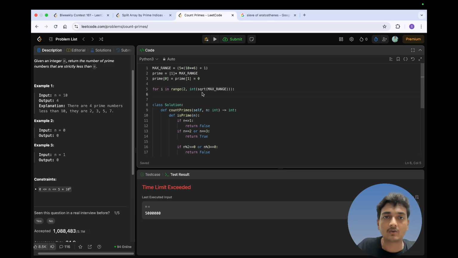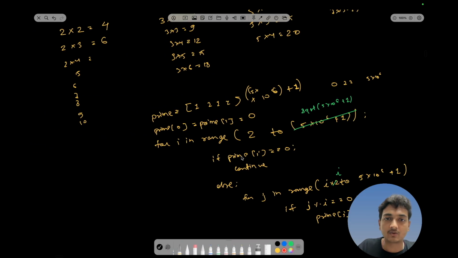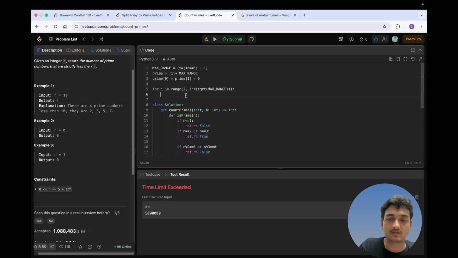Okay. Now what do I need to do next? I need to check whether that number is prime or not. So if prime of i equal to 0, then I can definitely skip that part, because that number is already a non-prime number. So all the multiples must be non-prime.